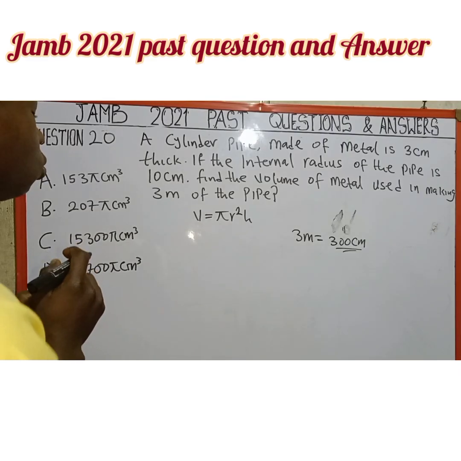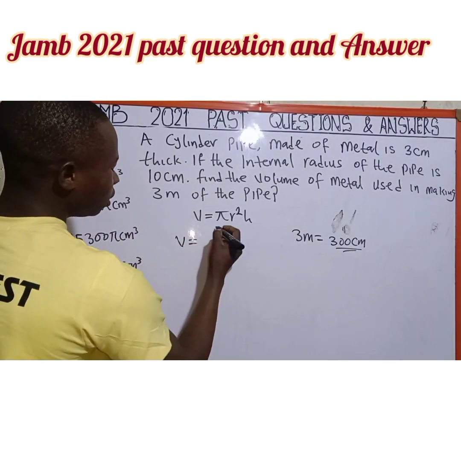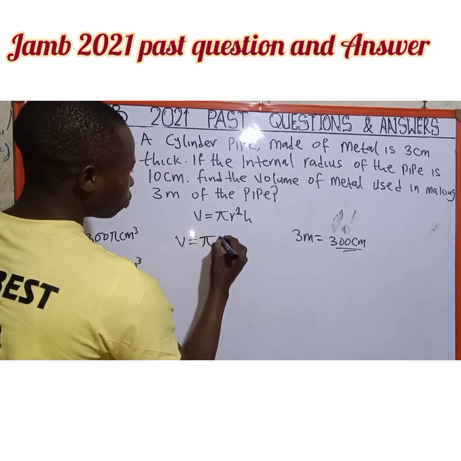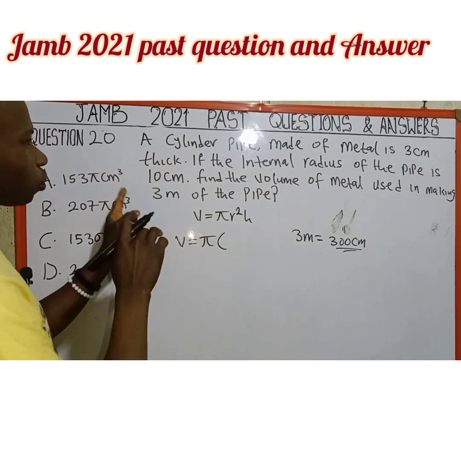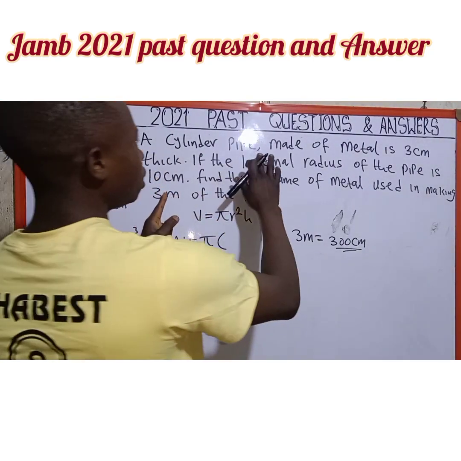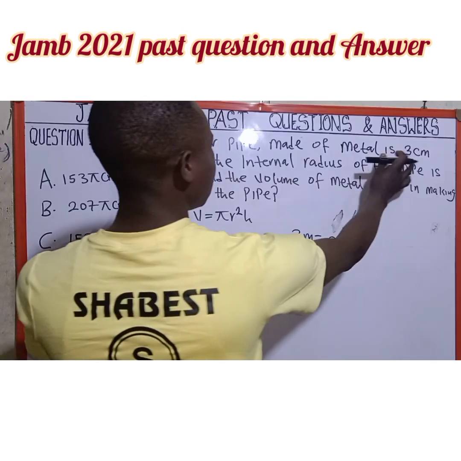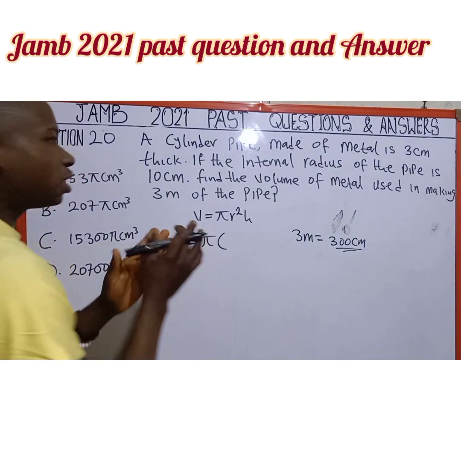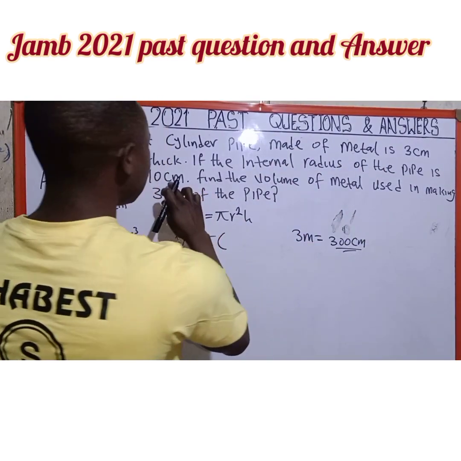So the next thing we need to do, let us substitute into the formula V, which is volume, is equal to pi, which is a constant, then multiply by radius squared. And remember, what we are going to do here, we are given 2 radii. They say a cylinder pipe made up of a metal is 3 centimeters thick. This is the external radius, and the internal radius is 10 centimeters.